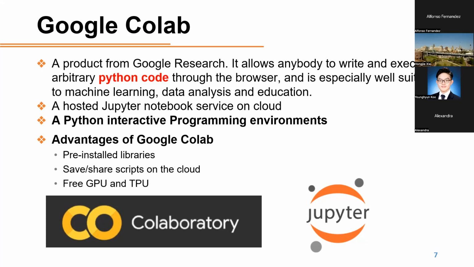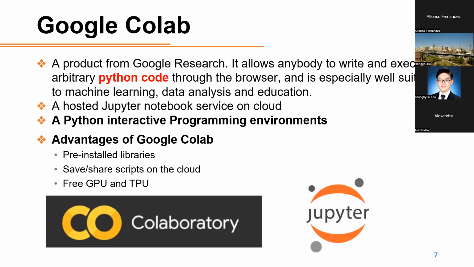Okay. So it's a hosted Jupyter notebook service on the cloud. So all of these Jupyter notebooks developed with Python, we can directly call and use on this platform. So it's an interactive programming environment, similar to the JavaScript integrated environment with Earth Engine I showed you before.